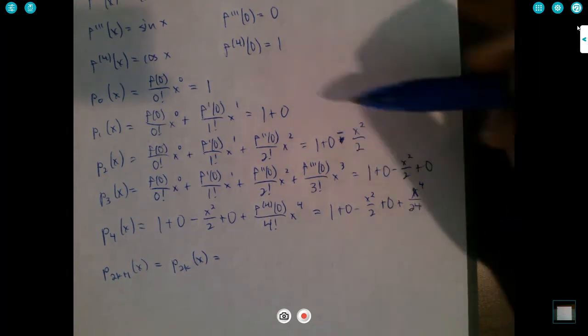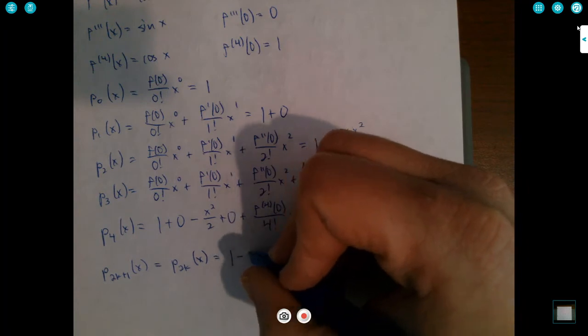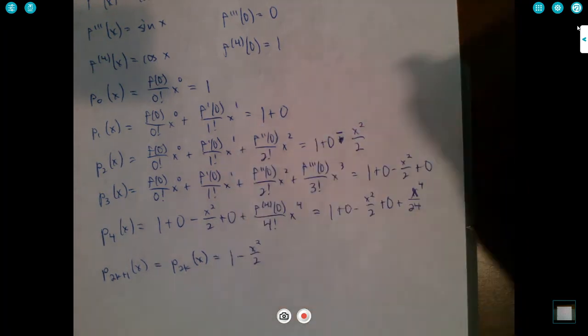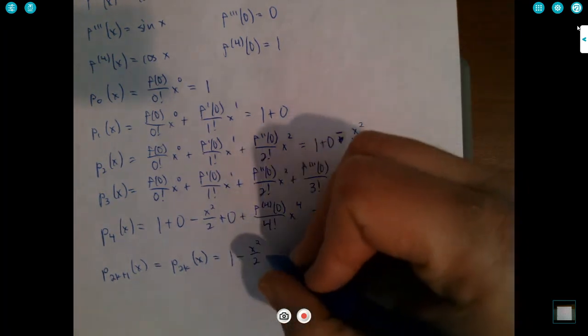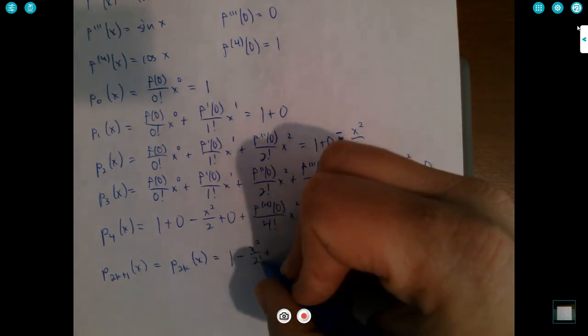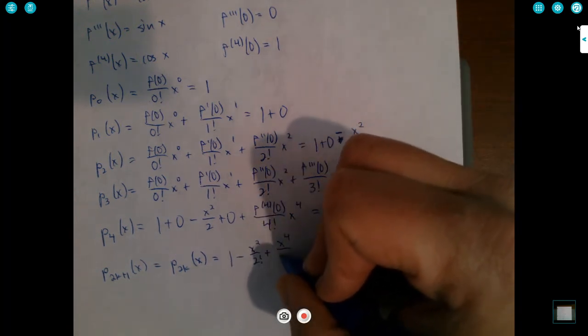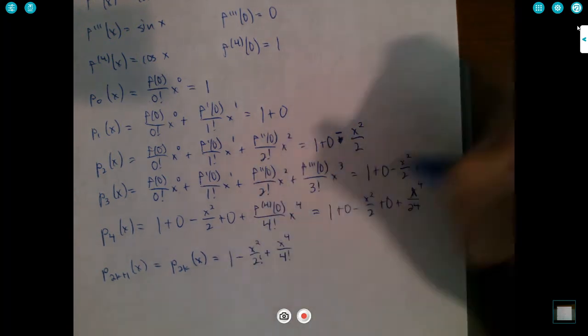And what's it going to be? Well, it's going to be 1 minus x squared over 2 plus, maybe I'll write that as a factorial, just make it easier on myself, plus x to the fourth over 4 factorial.